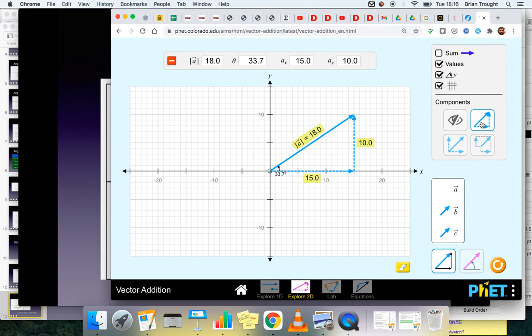So how we write it is, instead of the x value being 15, I say it's 15i, and then instead of the y value being 10, I say it's 10j, and to put them together, because the vectors are following off from each other, it's 15i plus 10j. Now let me show you what I mean by that a bit more.